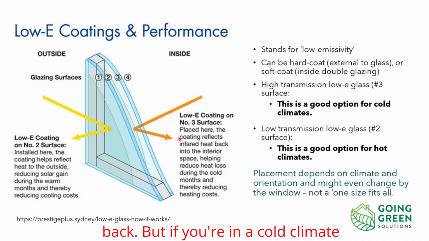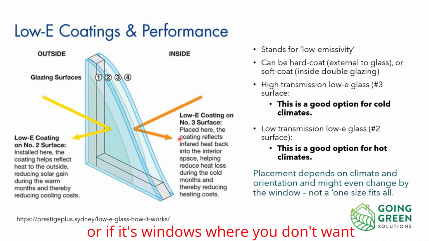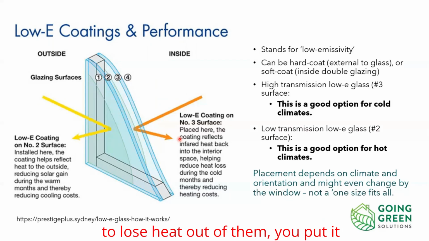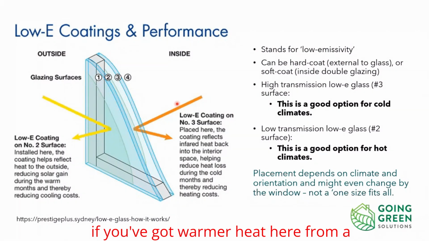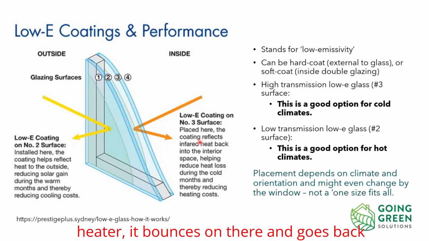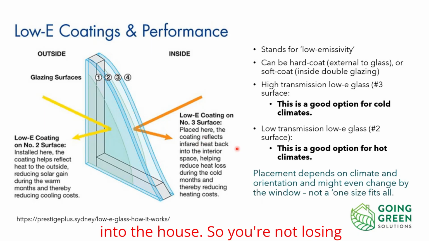But if you're in a cold climate, or if it's windows where you don't want to lose heat out of them, you put it on this inside facing panel, which means if you've got warm heat here from a heater, it bounces on there and goes back into the house, so you're not losing heat.